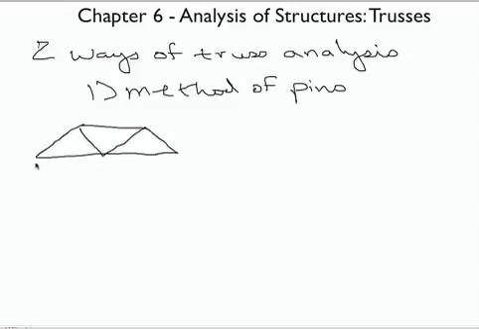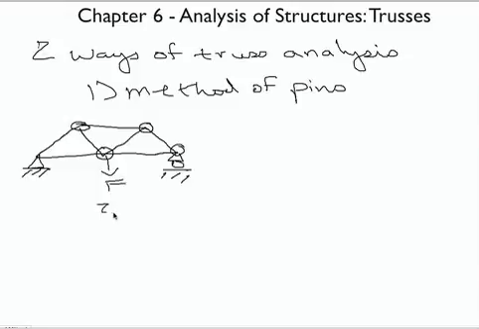Probably should use the line tool here. And what we do is we just go and analyze every single connection that's in this truss. So we'd step through this, and first thing we do is there's maybe some loading here, F. We'd find the whole equilibrium of the entire truss. So we'd basically just draw the outline of the truss, draw the free body diagram, and figure out the reactions. And then we'd start taking the truss apart, drawing the free body diagram here, the free body diagram here, and the free body diagram here, just stepping through each one.